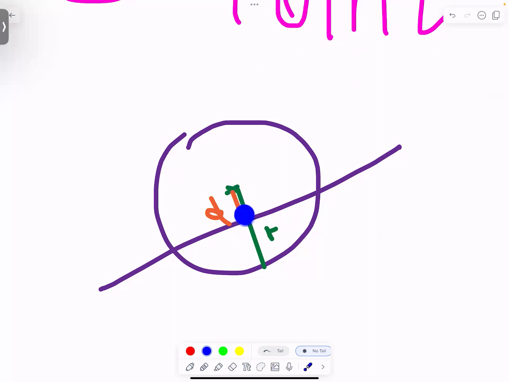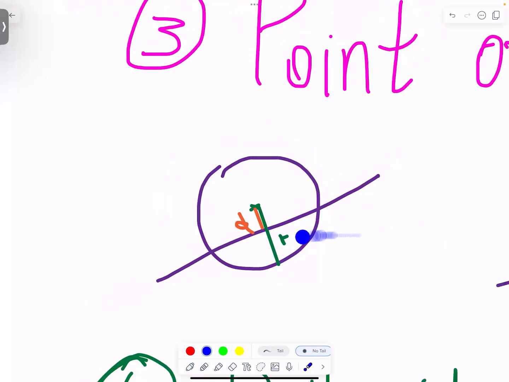You just need to find the distance of this small one, and also the radius length. If that distance is smaller than the radius, then of course the straight line is cutting through the circle and it has 2 points.